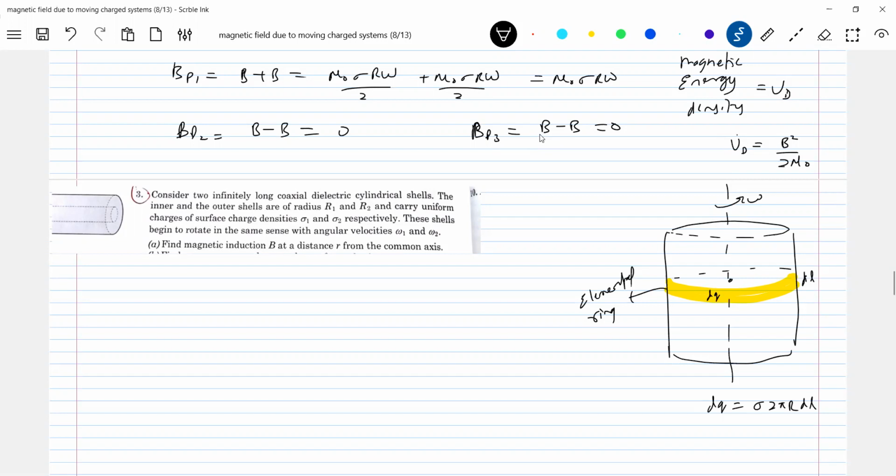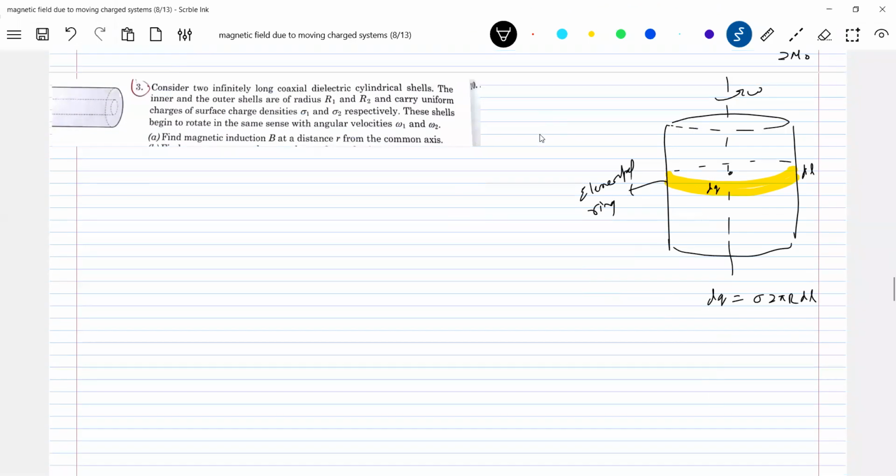Okay, now two coaxial dielectric cylindrical shells. Already we know the formula, no? It's a direct substitution of the formula, nothing big is there. Two coaxial. There's another method, try it, you'll get the same answer.